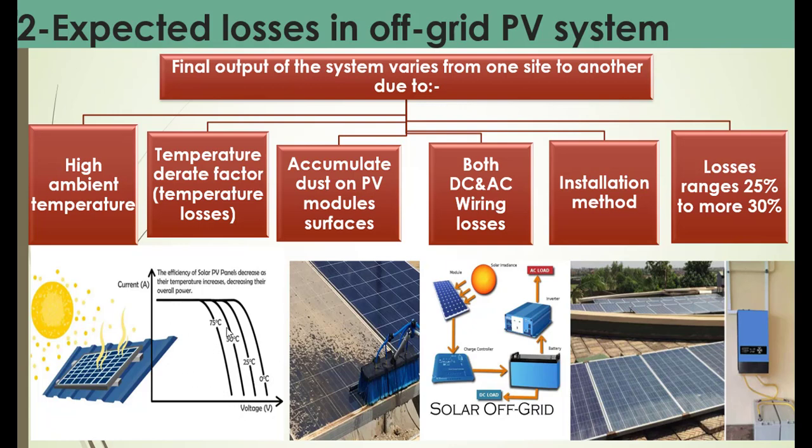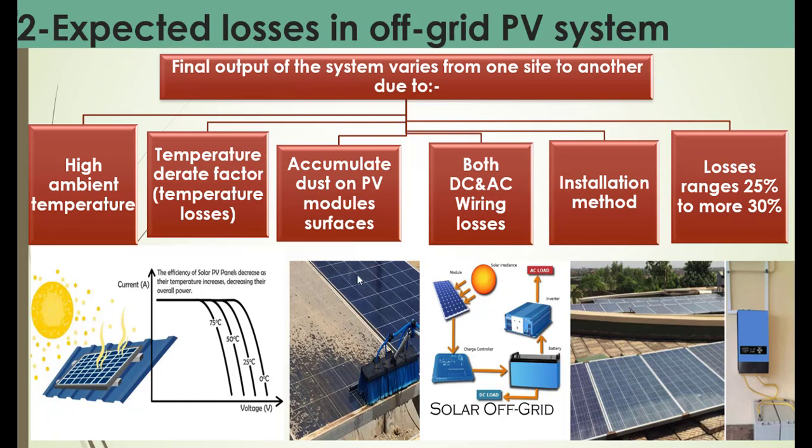So this represents losses, very important and very effective losses. With increasing temperature, there is a decrease in power and an increase in power losses. So we will always deal with the temperature derate factor, also called temperature losses.